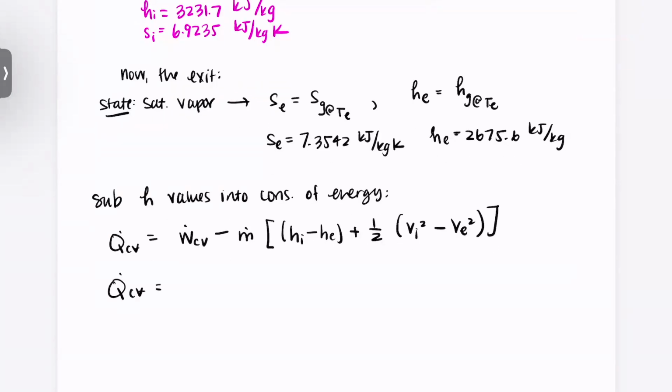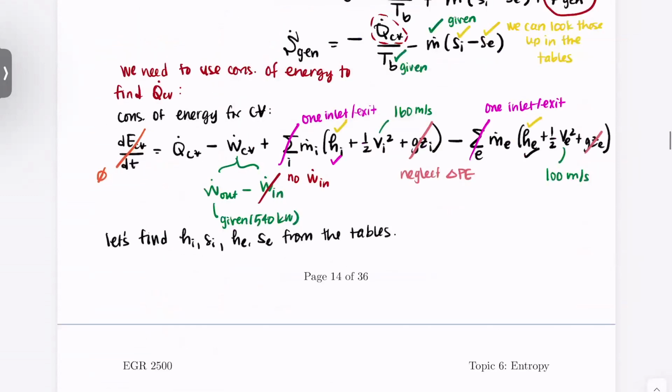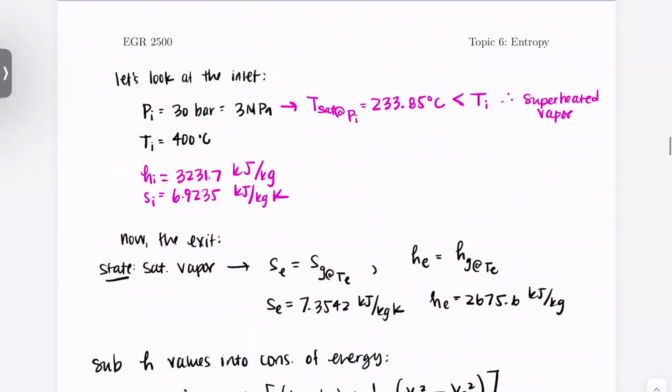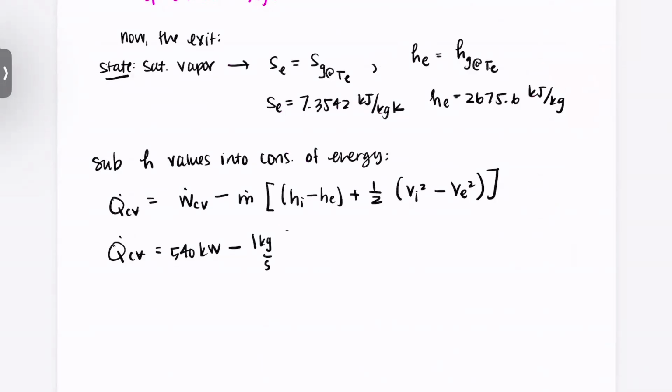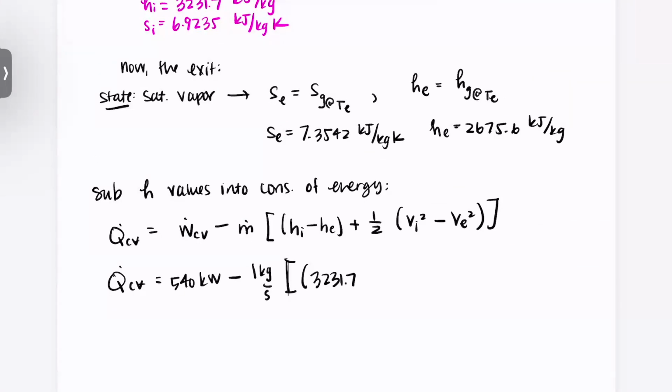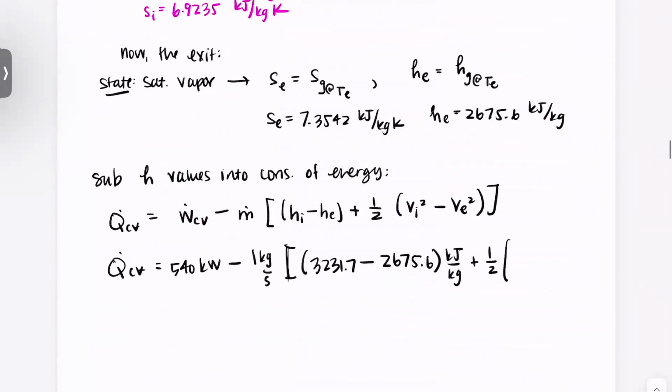So we have Q dot CV is equal to 540 kilowatts minus our M dot, which is 1 kilogram per second, times the quantity HI, which is 3231.7, minus HE, which is 2675.6, and these are kilojoules per kilogram, plus 1/2 times the quantity of the inlet velocity, which is 160 meters per second, all that squared, minus the exit velocity, which is 100 meters per second, quantity squared, which gives us a value.